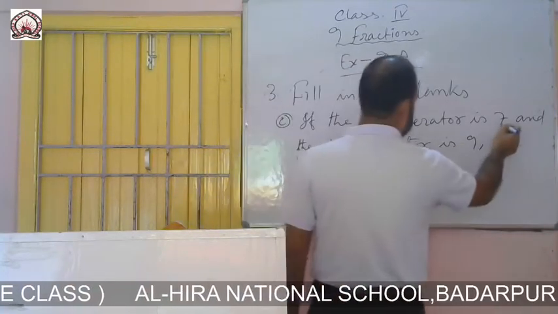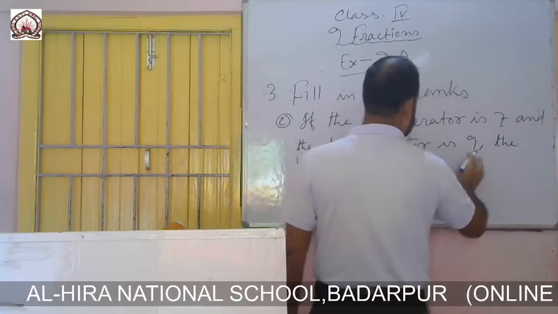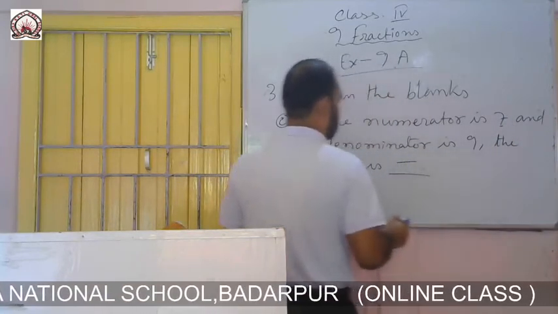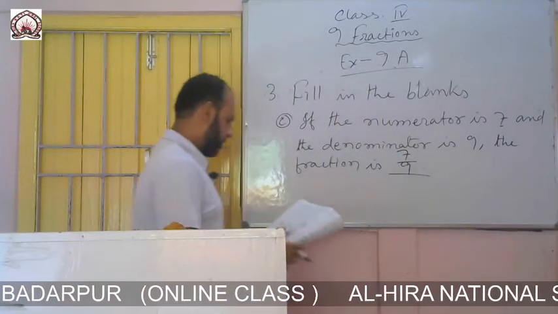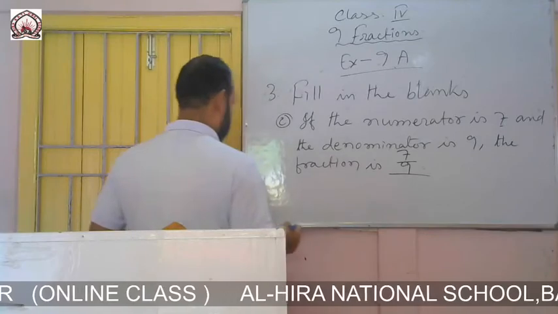So we know the numerator is 7 and the denominator is 9. So the fraction will be 7/9.